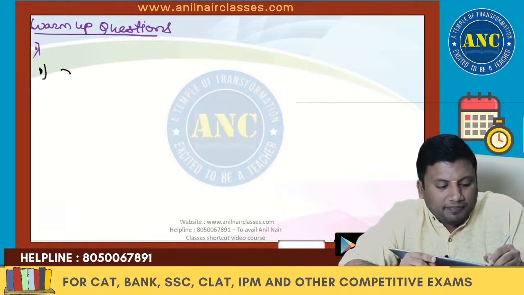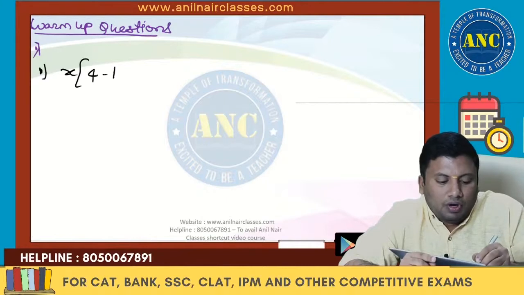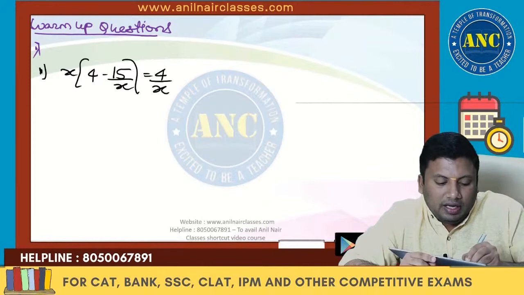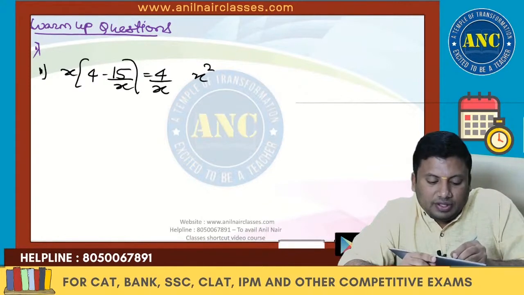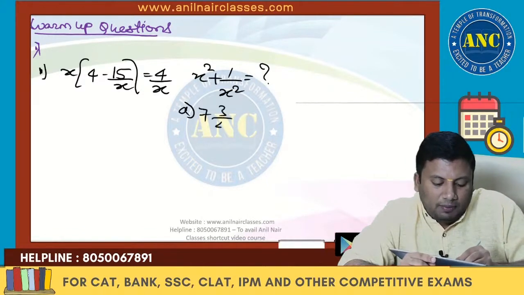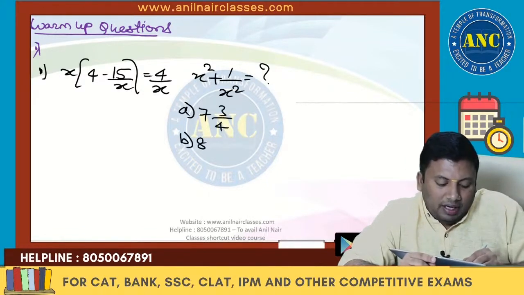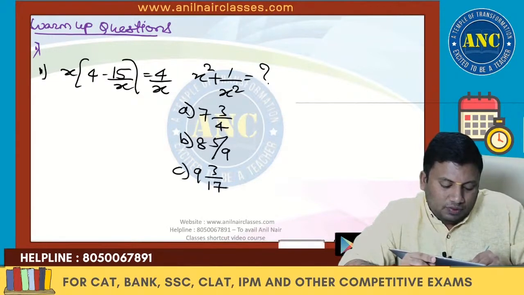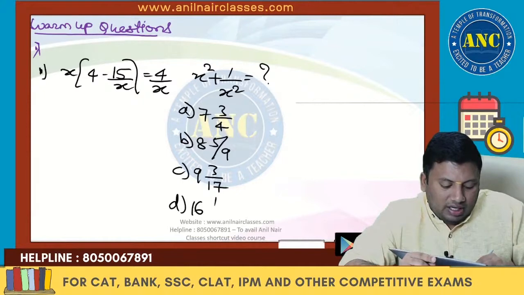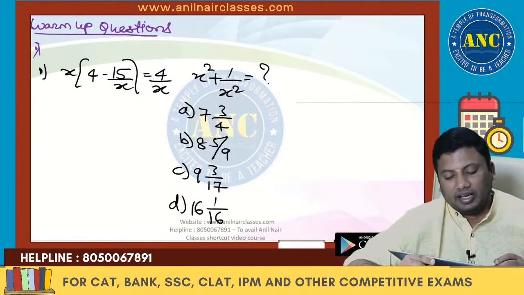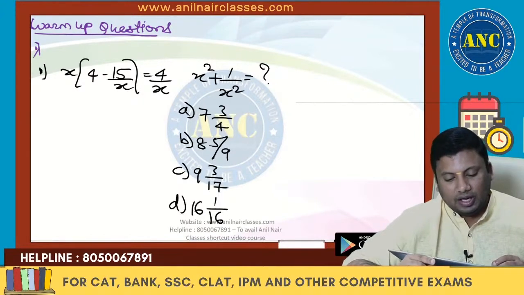Question is: x into 4 minus 15 by x equivalent to 4 by x. x square plus 1 by x square equivalent to how much? Options are 7 3 by 4, 8 5 by 9, 9 3 by 17, 16 1 by 16.